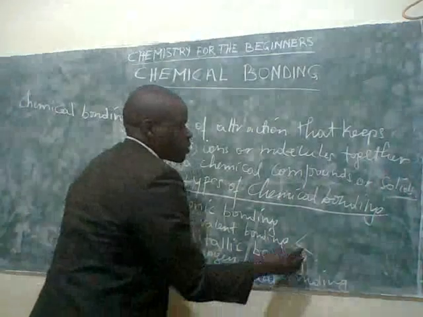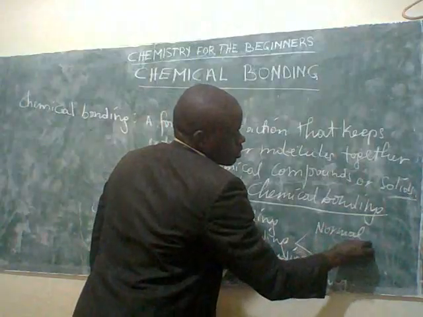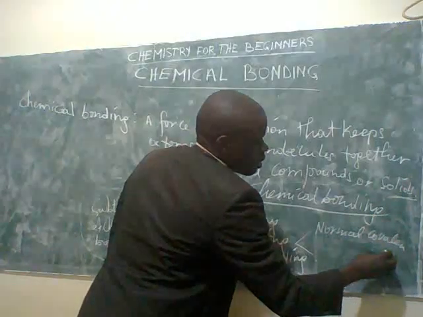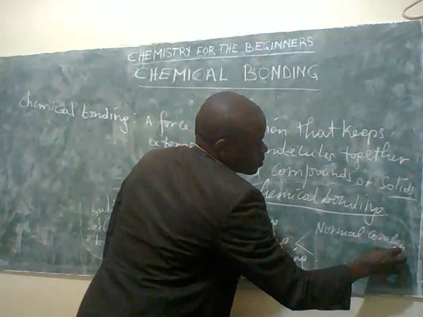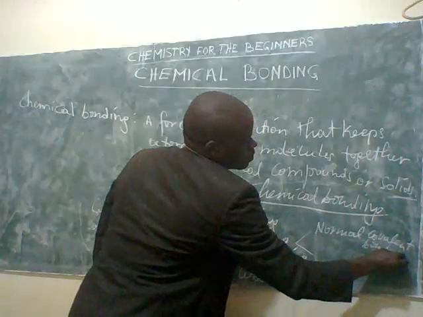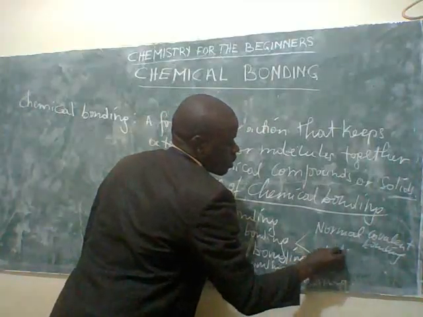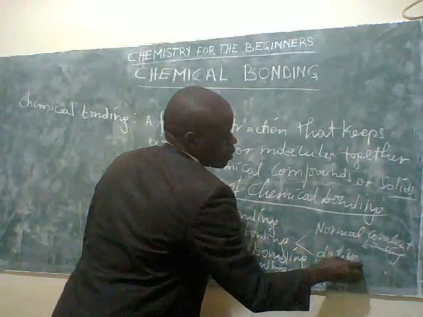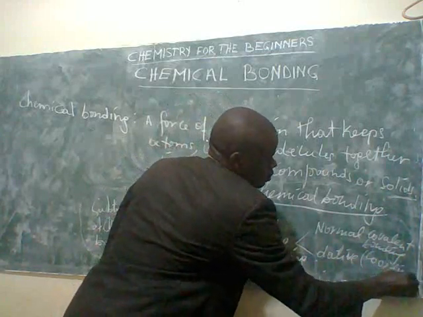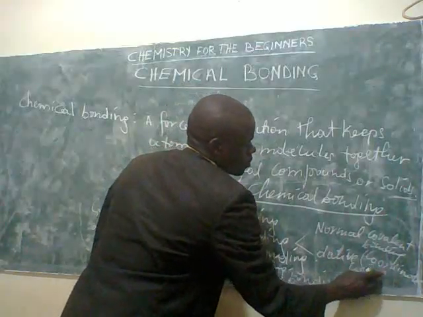There is the normal covalent bond, and also there is one we call dative, or we call it coordinate covalent bonding.